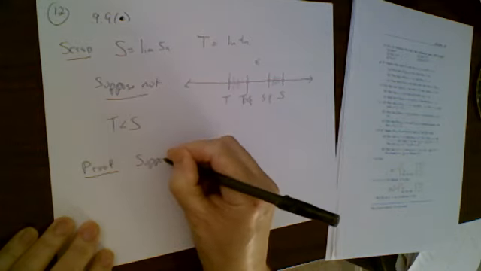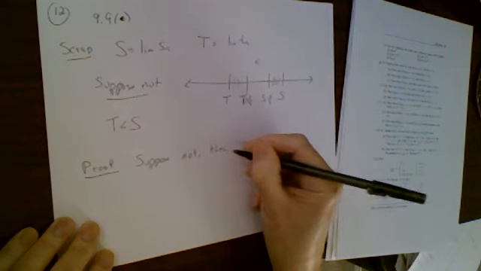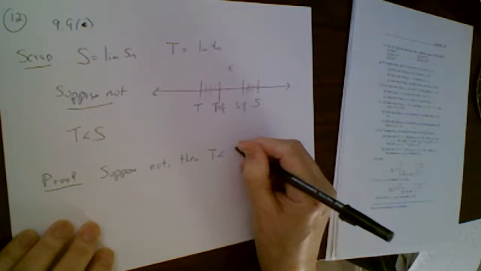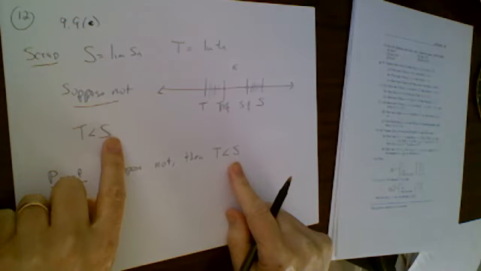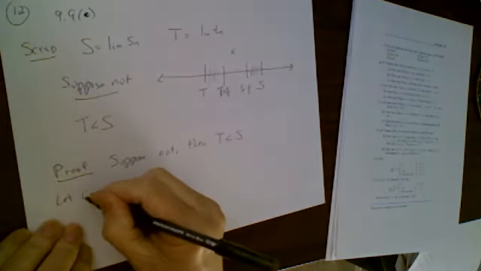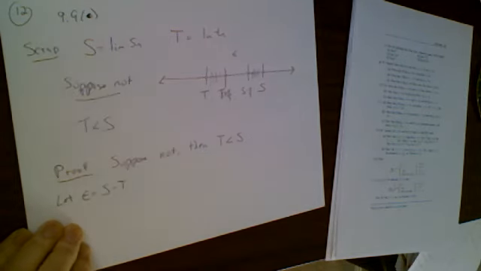Okay, suppose not. Then T is less than S, T being the limit of the T sub n's, S being the limit of the S sub n's. Let epsilon be S minus T, which is a positive number.